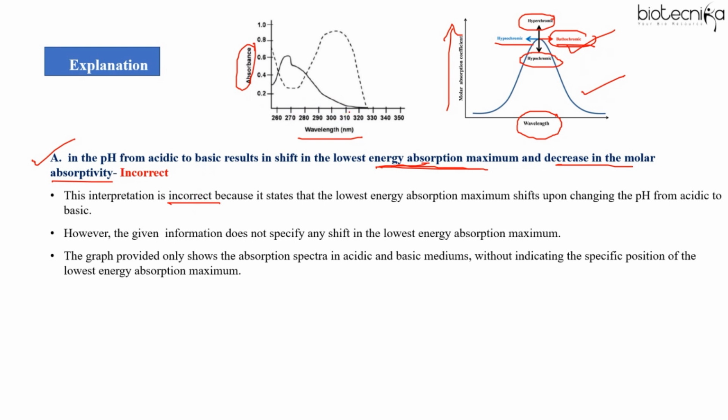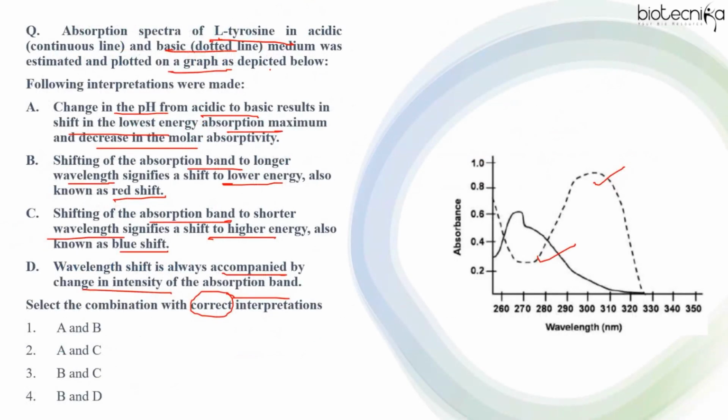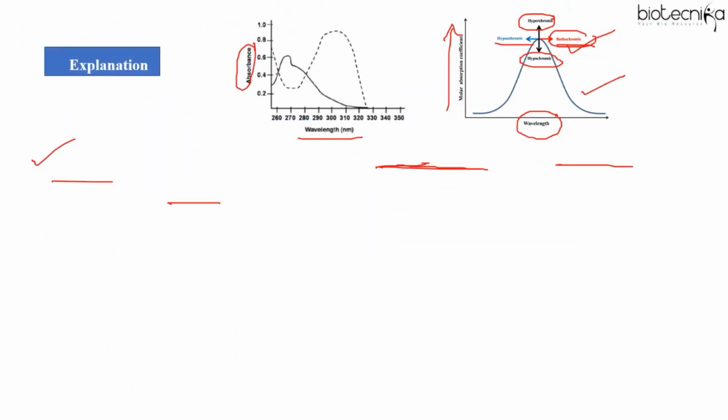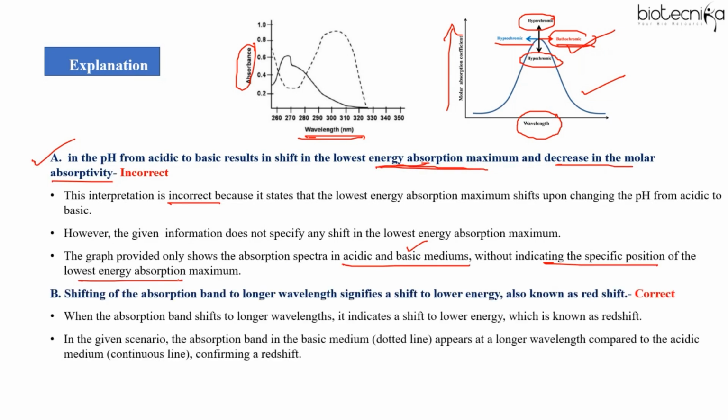The graph only shows the dotted line, which is basic, and the continuous line, which is acidic. There is definitely a change in the wavelength, but it only shows the absorption spectra in acidic and basic medium, and it doesn't indicate the position of lowest energy absorption maxima. So this statement is incorrect.